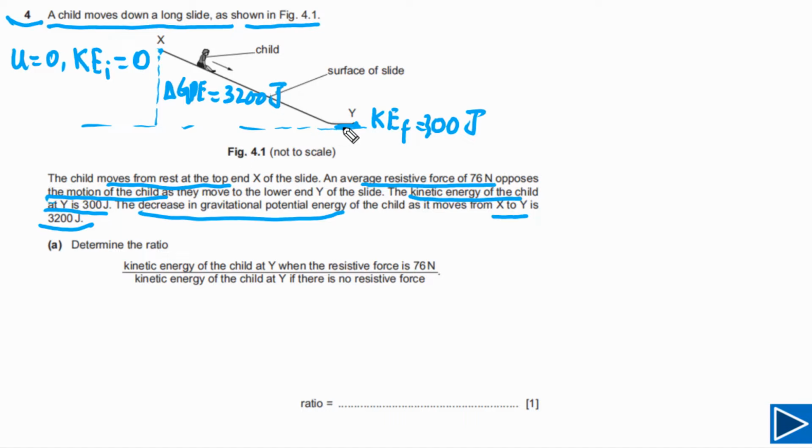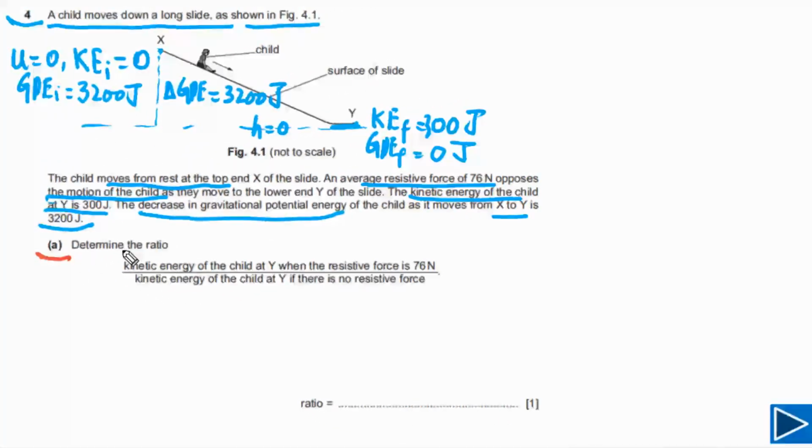If we take y as our reference line and assume h is equal to 0 at this point, the final GPE is also equal to 0. So the initial value of GPE, at point x, is equal to 3200 joules.